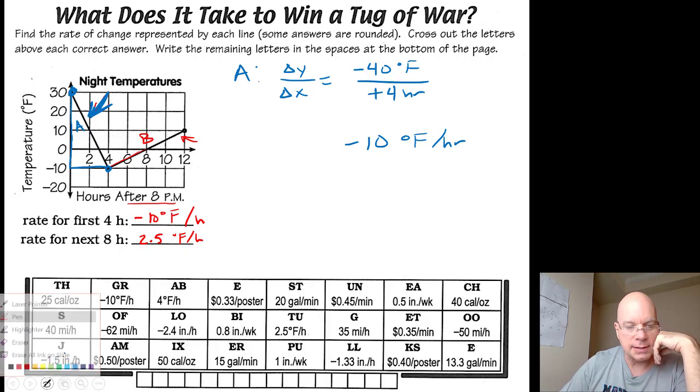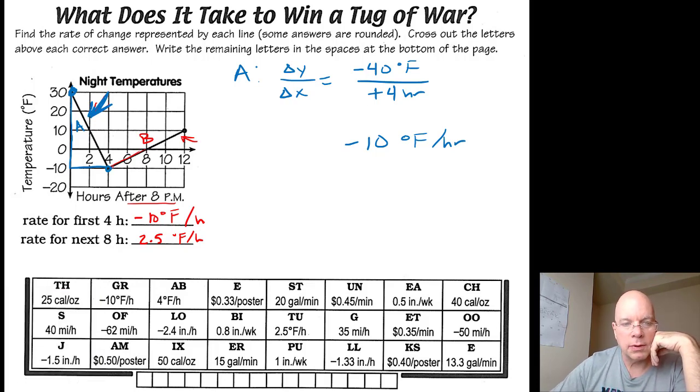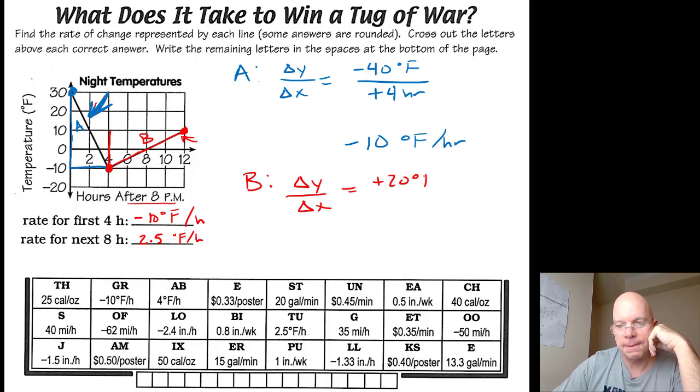Line segment B, where the temperature starts to go up over time, a positive slope, delta Y over delta X. I'm going to use this point because that point is on line segment A and line segment B, and I'm going to use this point. And so going from this point to this point, I'm increasing by 20 degrees Fahrenheit over 8 hours.